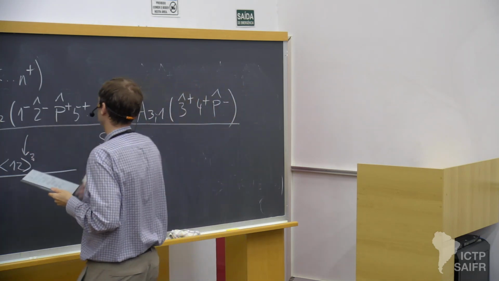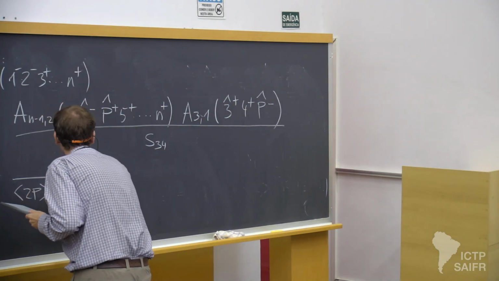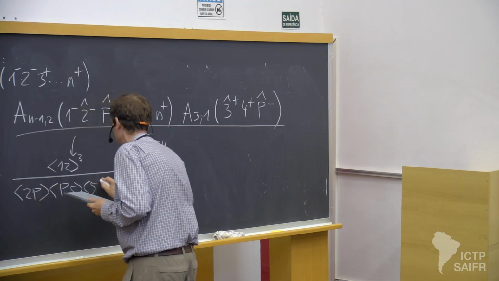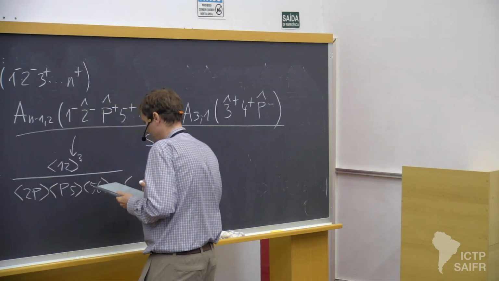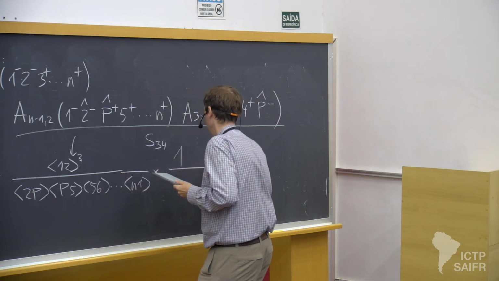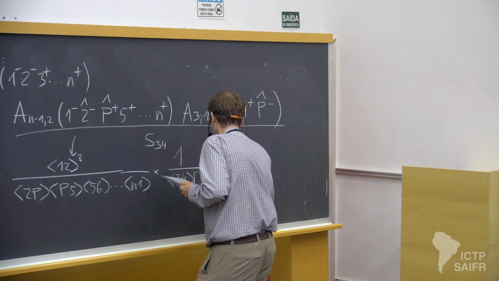So I just plug in for that. This is 1,2 cubed, 2P, P5, 5,6, up to n1. Then it is 1 over 3,4 3,4.